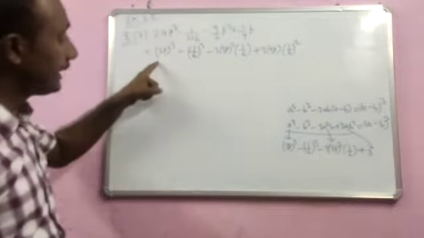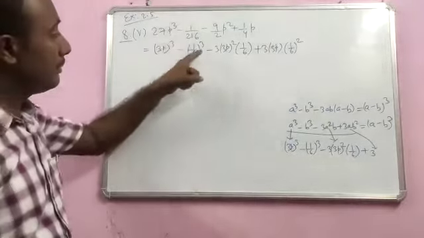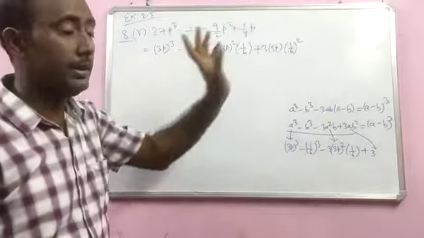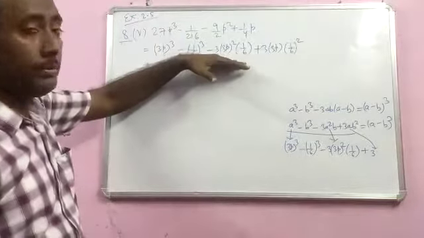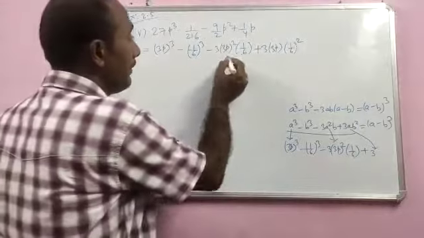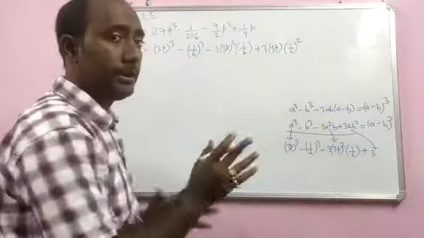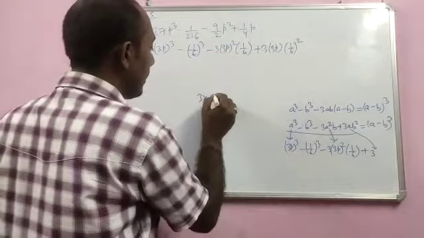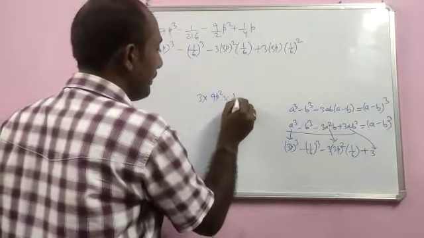Now we have converted this expression into the form of a cube minus b cube minus 3a square b plus 3ab square. After converting it into this form, you also need to check whether the values are the same or not, or whether you have made some mistake. So here you will see it is 3 multiplied by 3p square, which is 9p square, multiplied by 1 by 6.